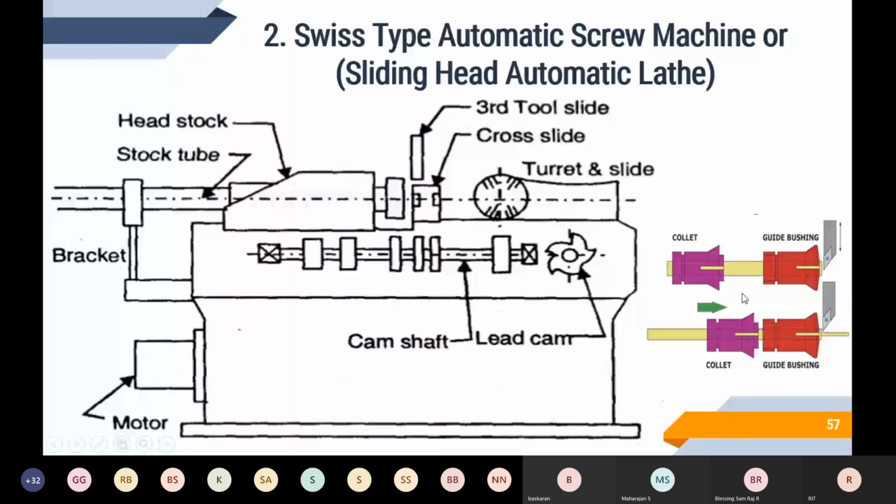Everyone knows that. Inside the micro tip pencil, the lead passes through the head, the collet chuck. This is the first position of the collet, this is the second position of the collet. Due to the collet, the material passes through and the machining is done automatically. This is an automatic feeding system, the sliding head automatic.